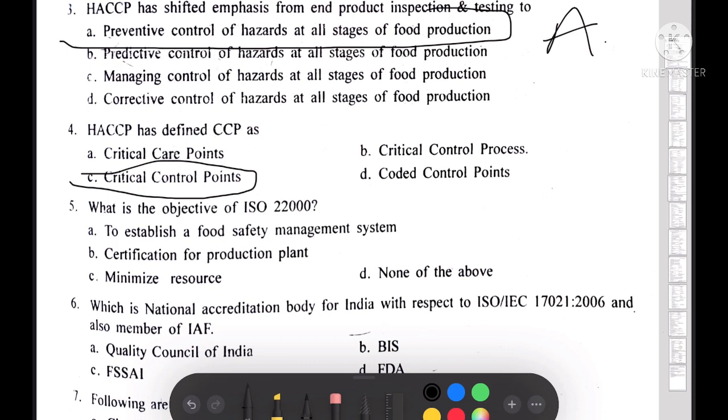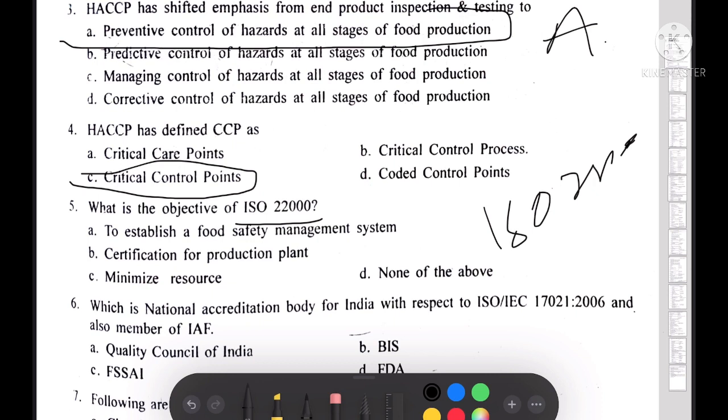Next question. What is the objective of ISO 22000? ISO 22000 is a food safety management system that can be applied to any organization in the food chain, from farm to fork.